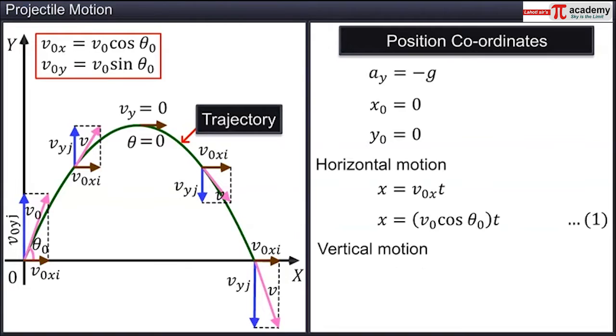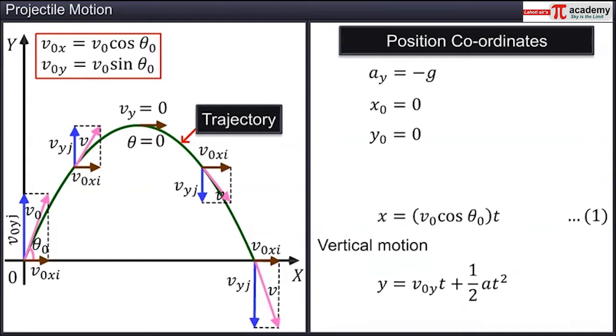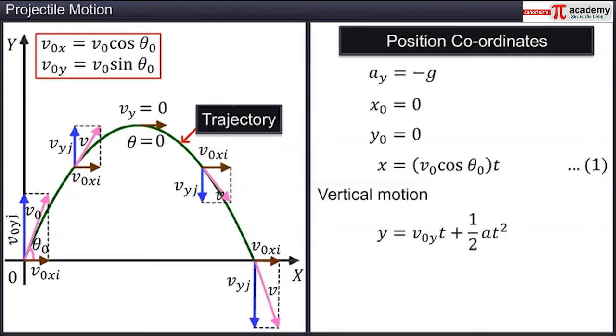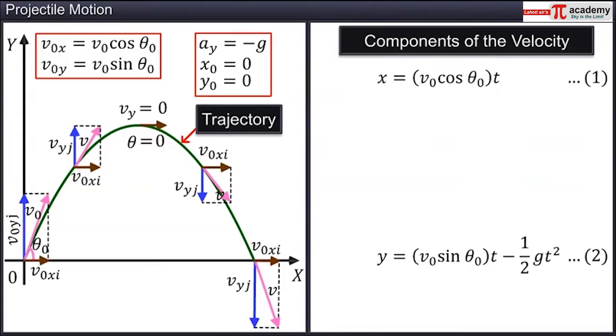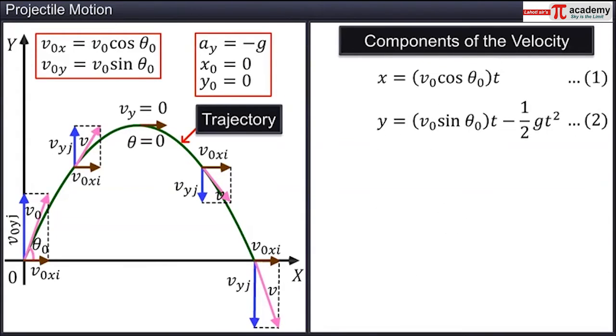Similarly, vertical motion can be written as y is equal to v0y into t plus half a t square. On substitution, we get y is equal to v0 sin θ0 into t minus half g t square. Let this be equation 2. Now, we can write the components of the velocity of the projectile at any time t.